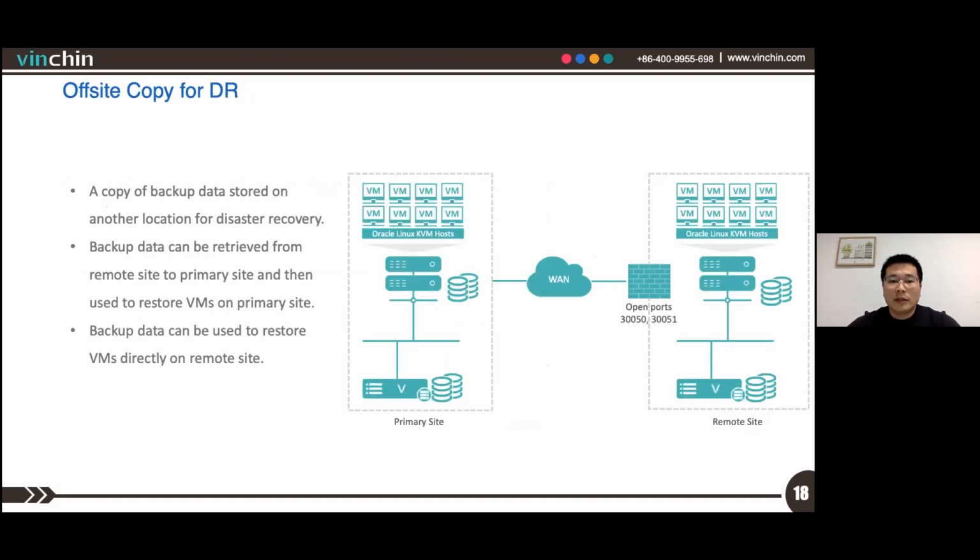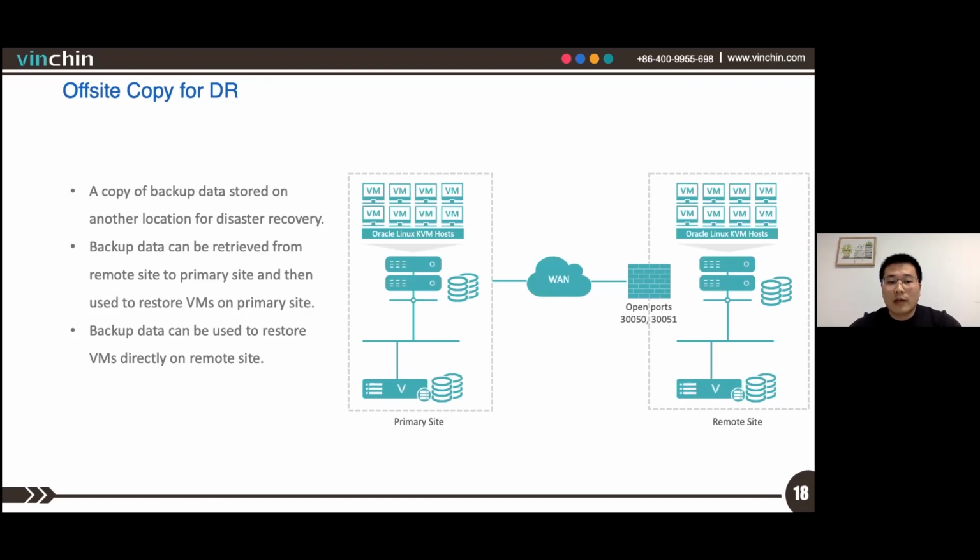The offsite copy feature can be used for disaster recovery. To achieve disaster recovery, you can install another Vinchin backup server on the remote site to store a copy of your backup data from the primary site at the remote site. Both sites can be connected through the internet or through a dedicated VPN connection.